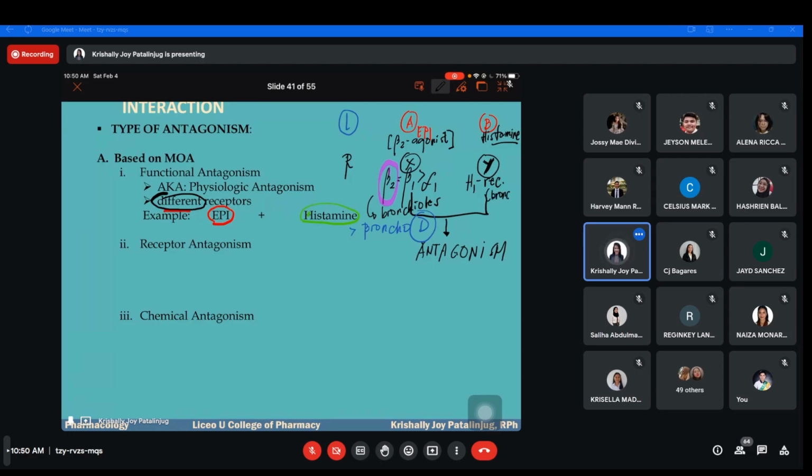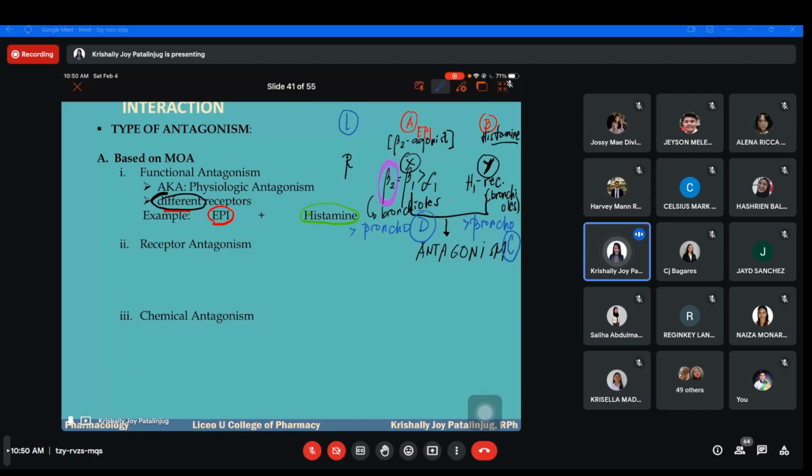Kasi meron ding mga histamine 1 receptor found in the extravascular smooth muscle. So example, sa bronchial smooth muscle. Now, kapag nag-bind yung histamine sa histamine 1 receptors in the bronchial smooth muscle, this time, the effect is bronchoconstriction. Okay, so if you observe, diba, the responses of both substances are antagonistic to each other.